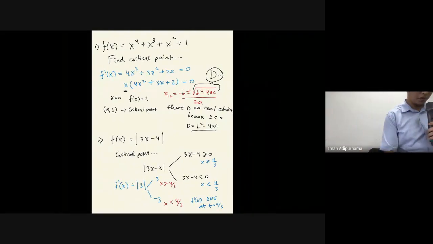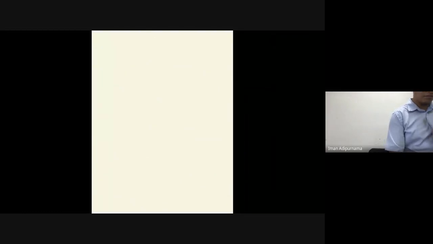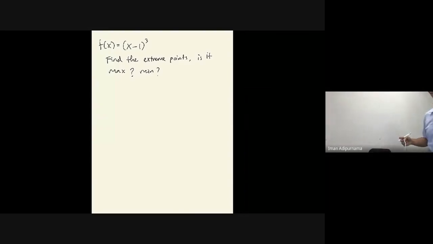Okay, let me give you one more. Find the extreme point and determine whether it's max or min.